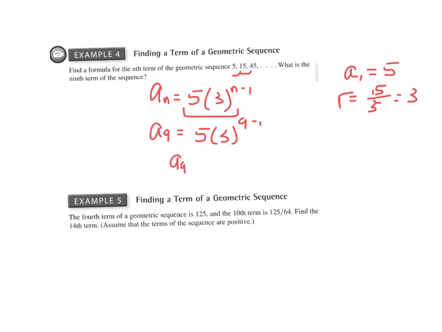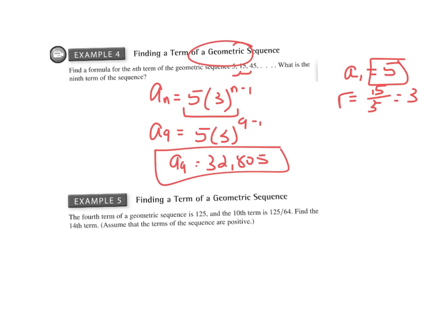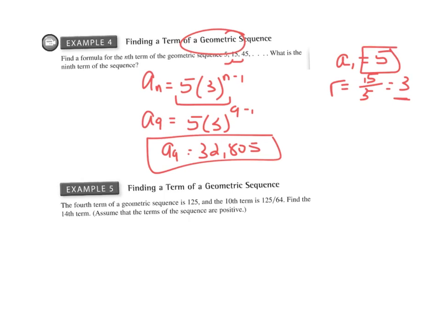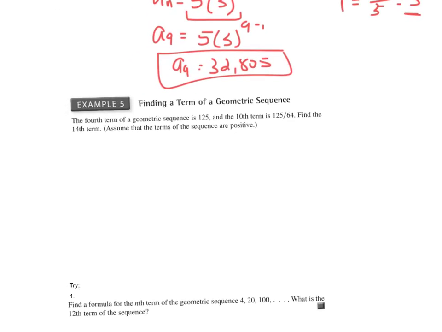And your 9th term, crazy enough, would be 32,805. Think about why it's so big. Because if it's a geometric sequence, you keep multiplying by that same number, and it's by a pretty large ratio. There's 3.